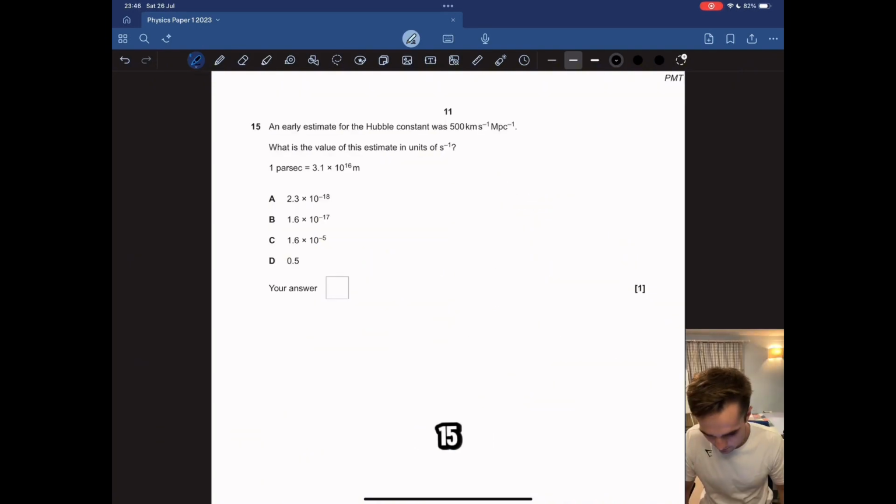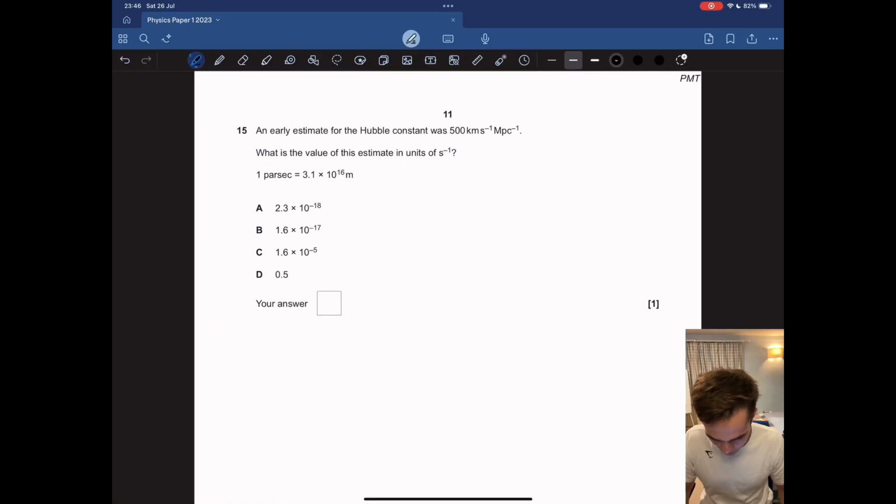Question 15. Hubble constant. So our Hubble constant is H0 equals v over d. V here is recessional velocity, so the speed at which a galaxy is going away from us, I guess. So the Hubble constant estimated at 500. So H0 equals v over d.